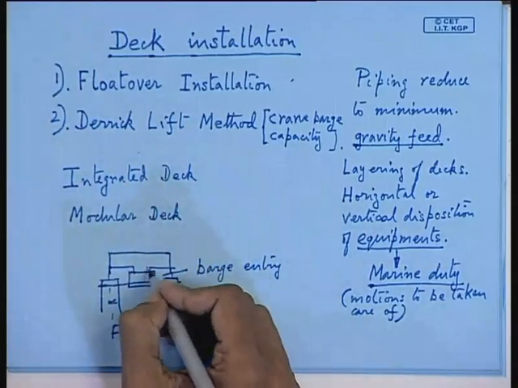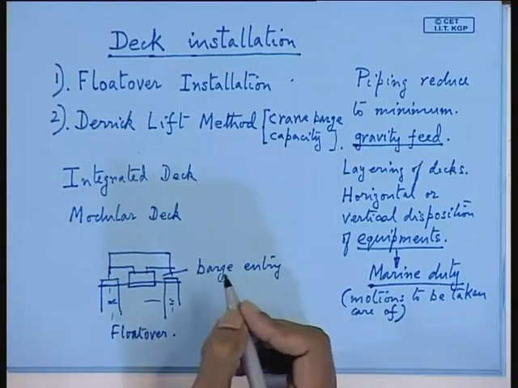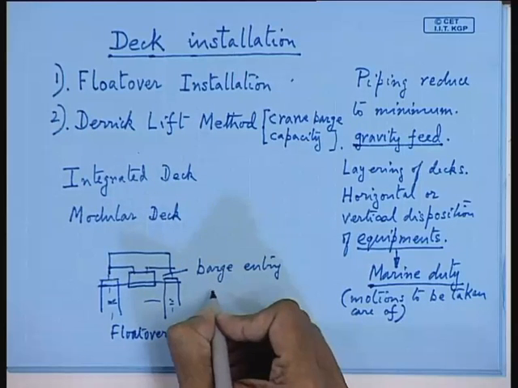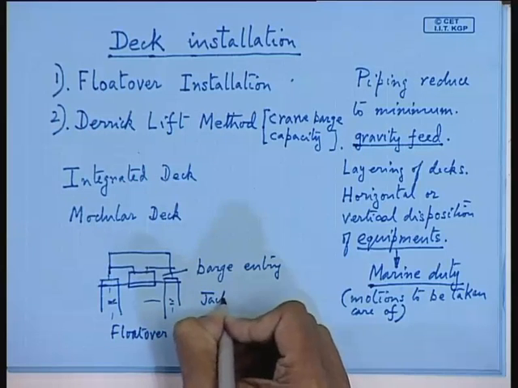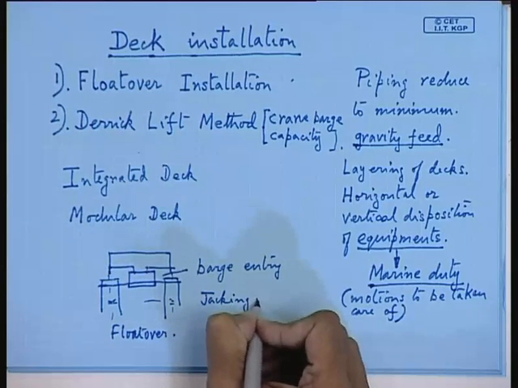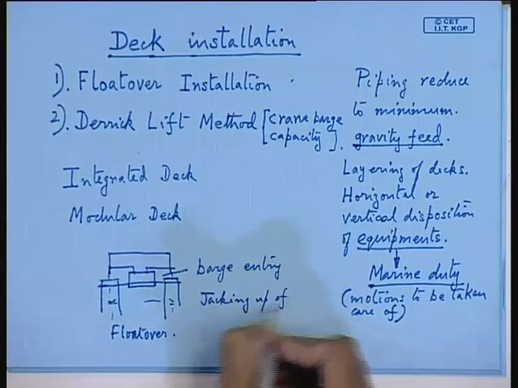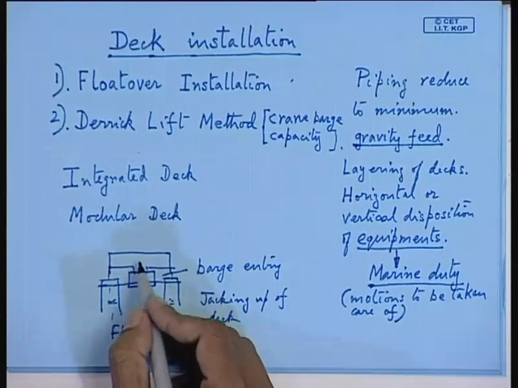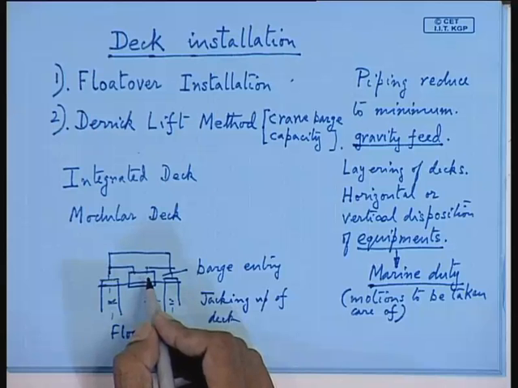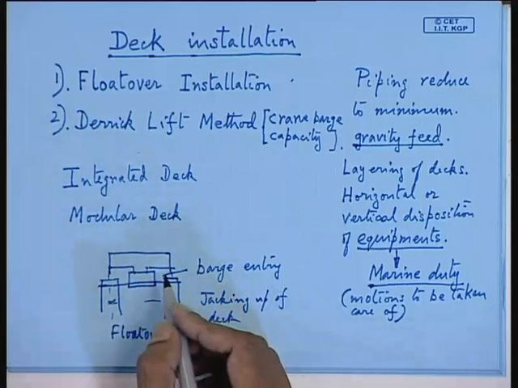One is where you can ballast or deballast the barge, and the other is what is called the jacking up method. Jacking up of deck. Now, the barge ballasting and deballasting is more time consuming.